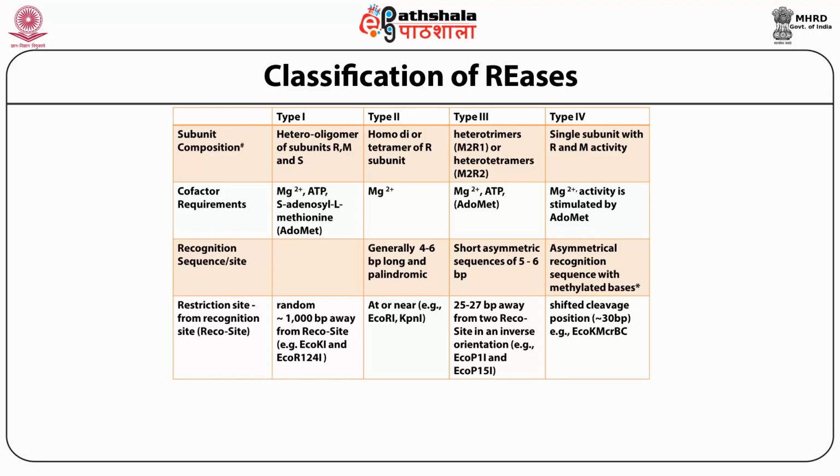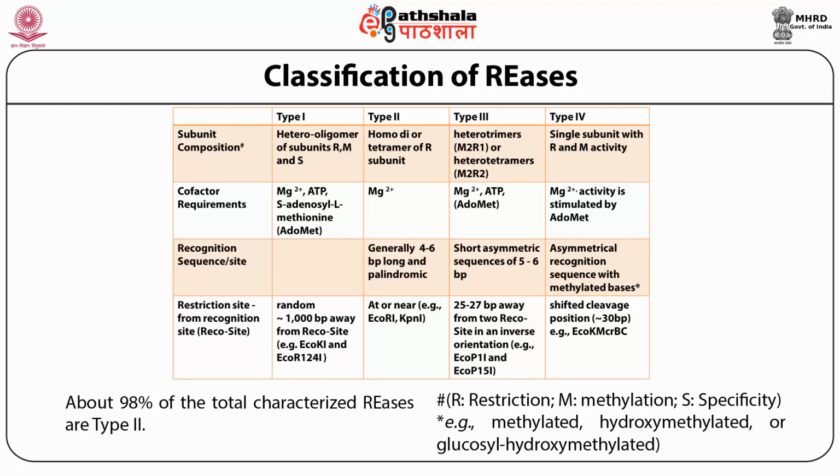Type 4 enzymes generally cleave the DNA at about 30 base pairs or more away from the recognition sequence. One example of type 4 is the EcoKMcrBC enzyme. It should be noted that of the enzymes that have been characterized so far, about 98% are type 2, while in the remaining 2% you have type 1, type 3 and type 4.